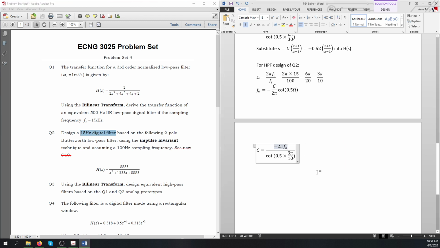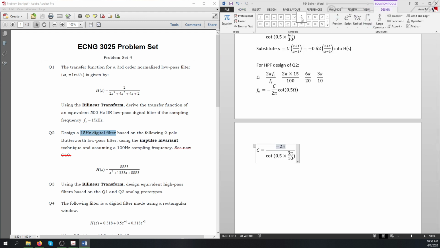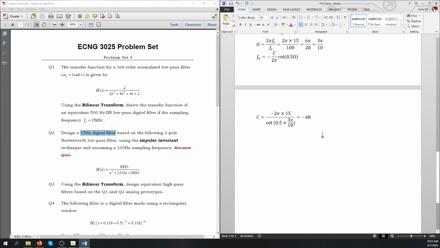So this here will be 2 pi by 15. So this here will resolve down to minus 48. Well, approximately, give or take. There may be a decimal regarding this.